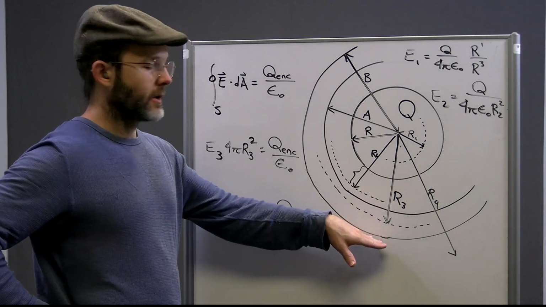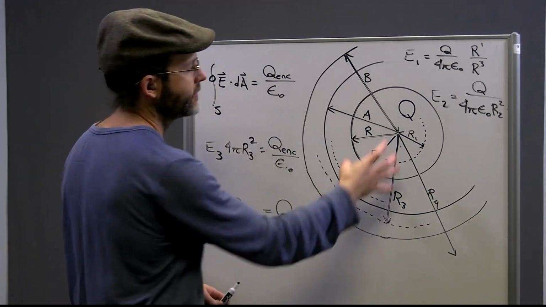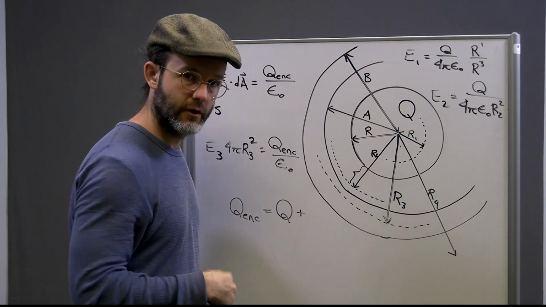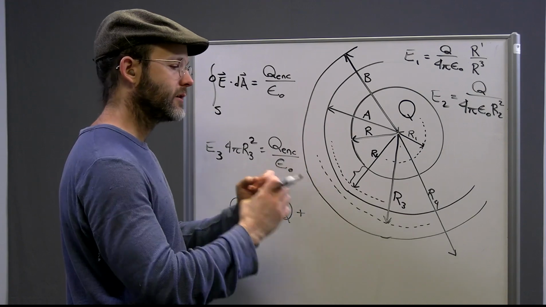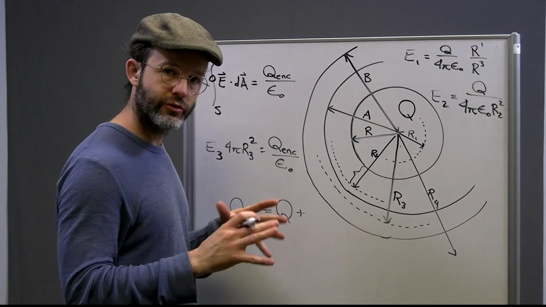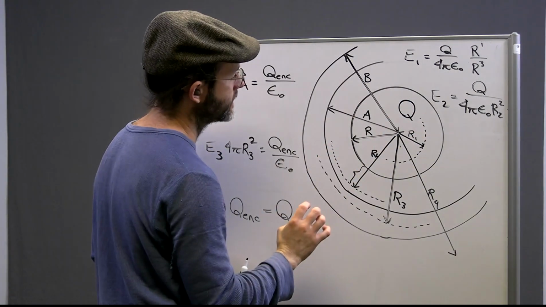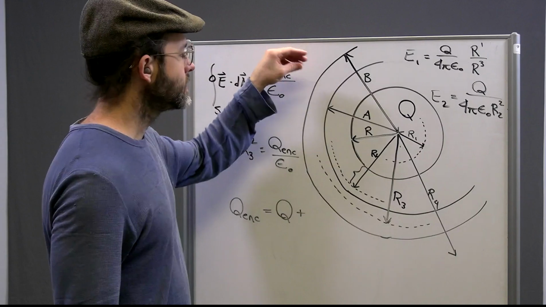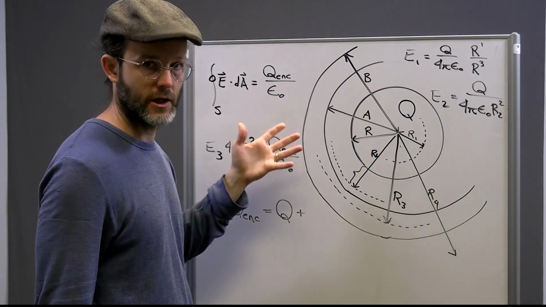One of the keywords used in the description of this problem is that we have a solid insulating sphere of uniform charge density. That means that static charge can be uniformly distributed throughout the material that makes up this inner sphere. But it's concentrically surrounded by a hollow spherical shell, and that shell is a conducting shell.